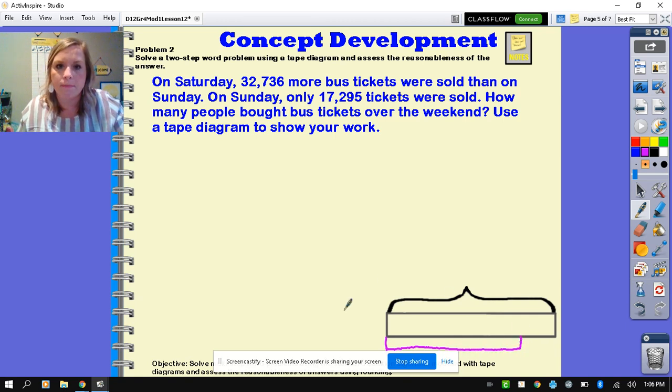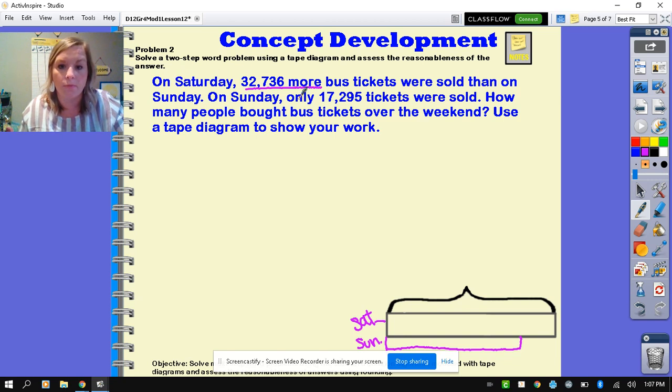Sorry, it's not perfect. Okay, so this one's going to be Saturday. This one is going to be Sunday. Okay, so this time it says there were 32,736 more bus tickets sold on Saturday than on Sunday. So you have to read it carefully.